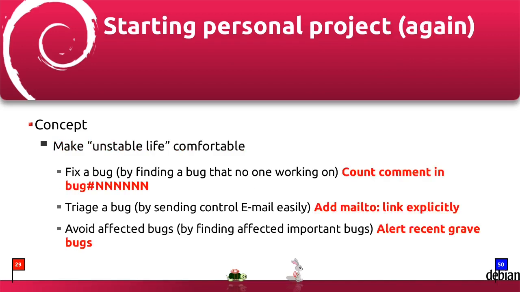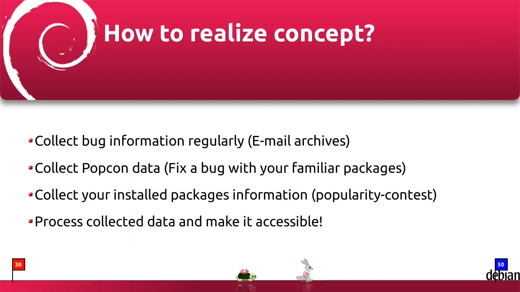To achieve this concept, I need to do some tasks: counting comments for each bug and adding separate metadata, checking installed packages to add affected bugs. First of all, collecting email archives, public data, install package list, and so on are also required.